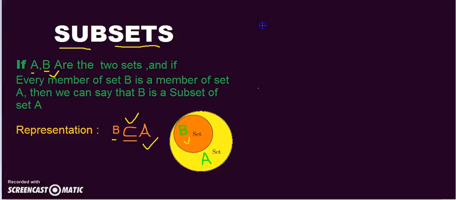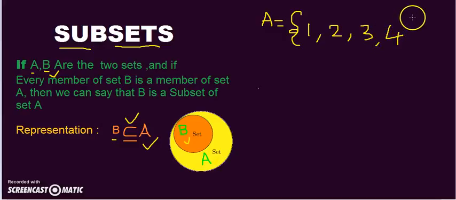So let us take an example. If A is equal to some set of elements, for example, I have 1, 2, 3 and 4. I'm having set A with elements of natural numbers 1, 2, 3 and 4.